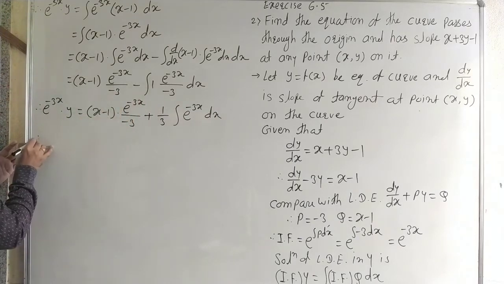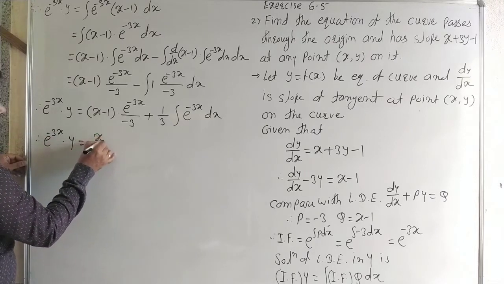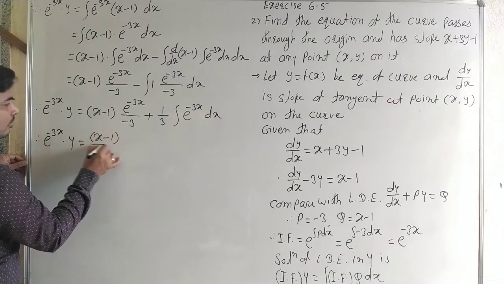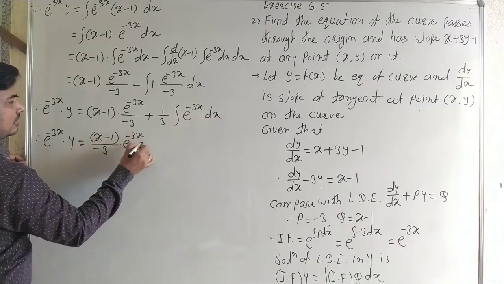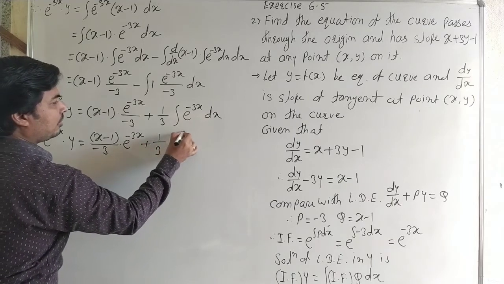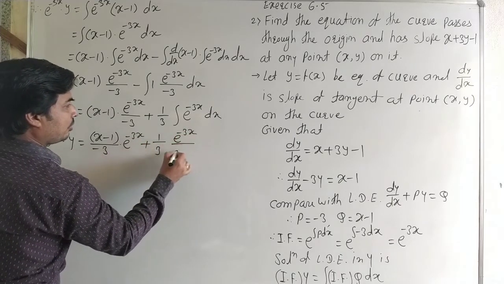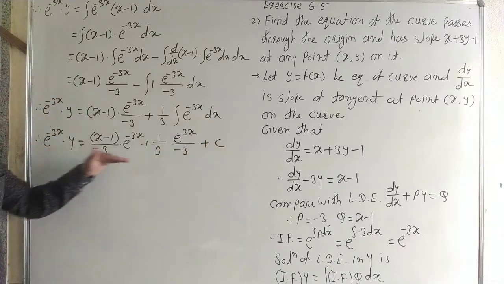And now e to the power -3x into y is equal to (x - 1) upon -3 into e to the power -3x plus 1/3 into e to the power -3x upon -3 plus c. Here it is a general solution.